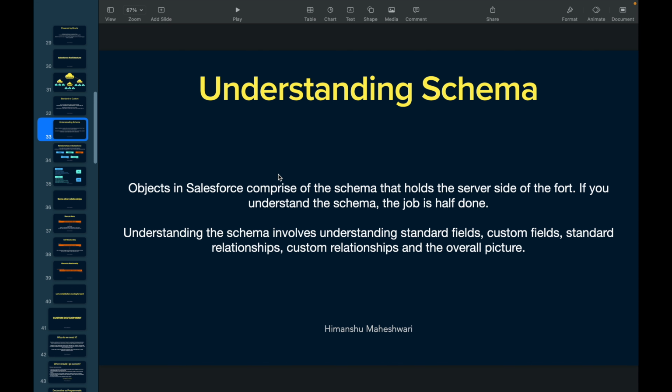So they'll come and tell you, Himanshu, I have this organization that I'm working with, and I want to create something for all my employees, right? I want to have this particular object that stores the target for each employee. And then I want these targets to be segregated on a monthly basis, Jan, Feb until December.